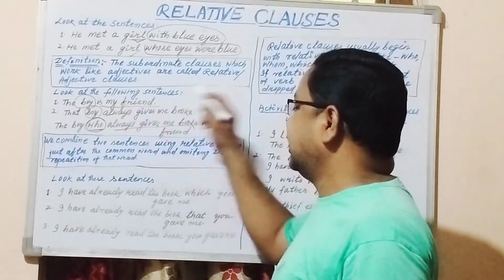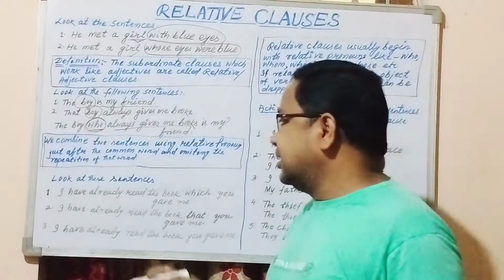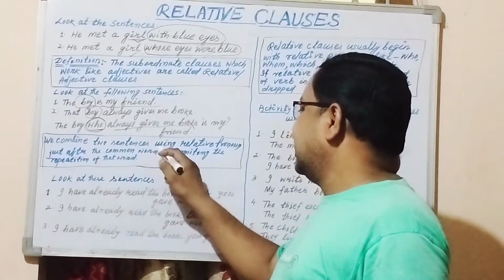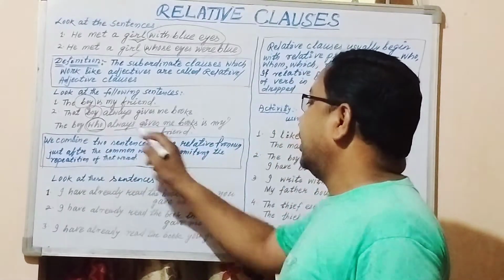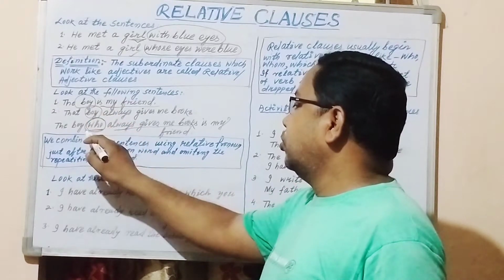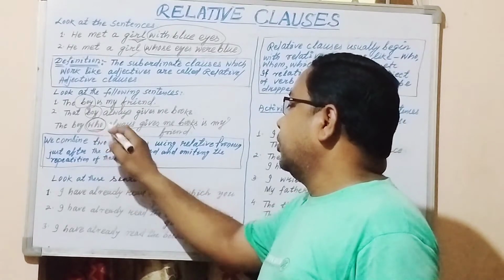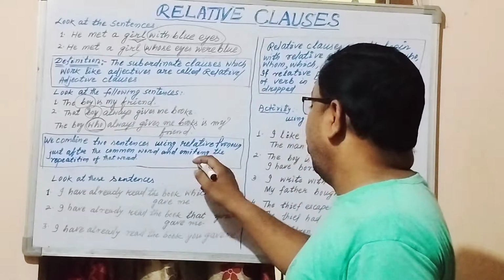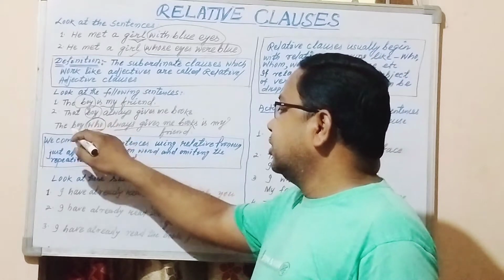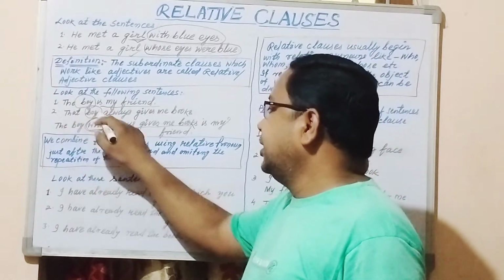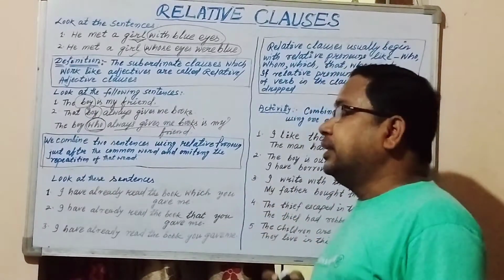When we combine two sentences, we put the relative pronoun just after the common word. Here the common word is boy, so just after boy we put who, omitting the repetition of that word, the boy. We cannot repeat it in the combined sentence.